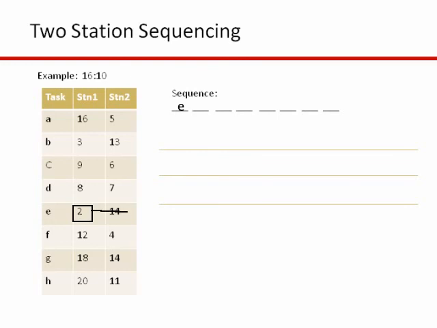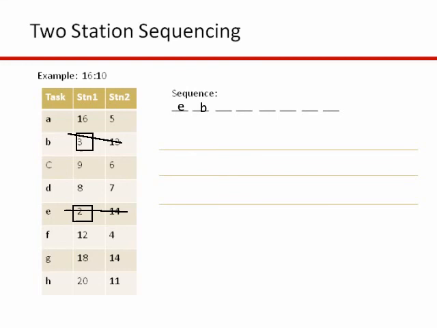And then we find the next lowest, and the next lowest looks like it's B. Again, B is on the first station, so we're going to sequence it to the leftmost spot that we can, and then eliminate it from further consideration.